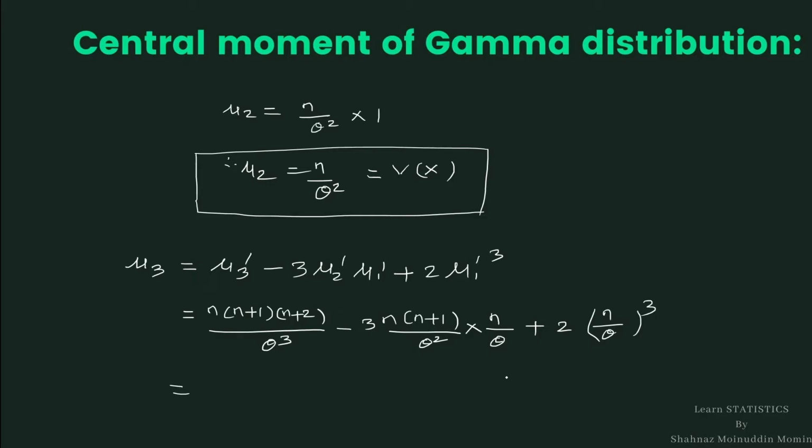To simplify this, we shall take a common factor n upon theta cube. From each term we get n plus 1 into n plus 2 minus 3 n into n plus 1 plus twice n square.